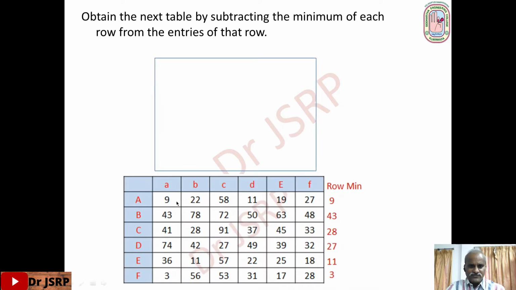So subtract 9 from first row, write here entries. Okay, next subtract 43 from second row, 43 minus 43 is 0, 78 minus 43 is 35, write other entries.